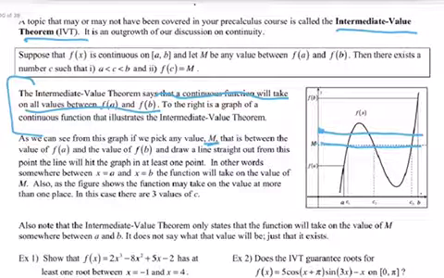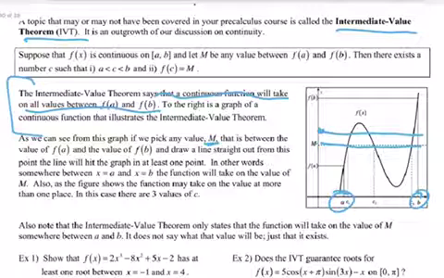In other words, somewhere between x equals a and x equals b, the function will take on the value m. Also, as the figure shows, the function may take on the value at more than one place. In this case, there are 3 values.